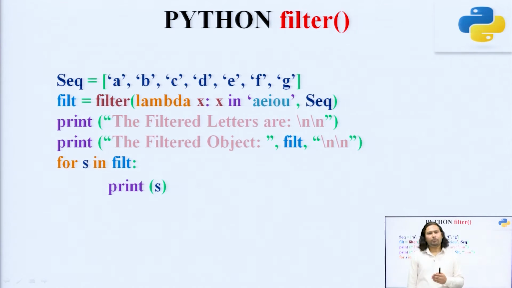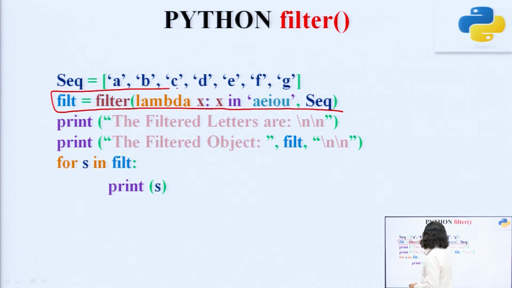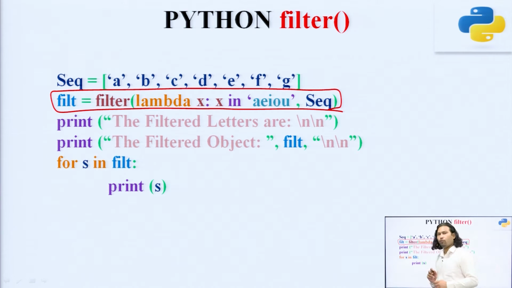Now, in the previous example we defined the function, and defining a function is a little bit tricky, but with the help of a lambda function, look at the number of lines, it has been reduced to a one-line statement. In one line you have applied not only the filter function, but the function itself.